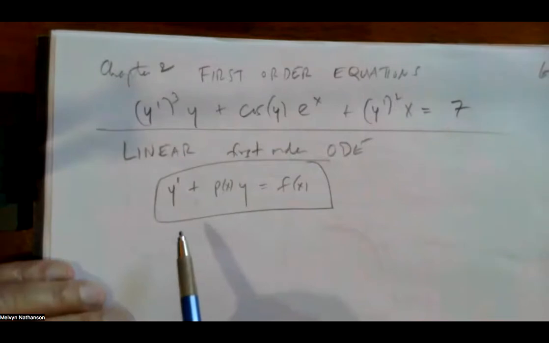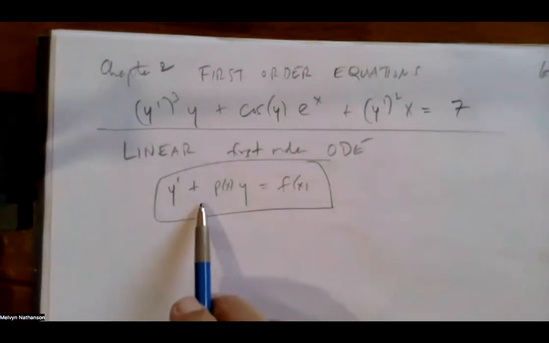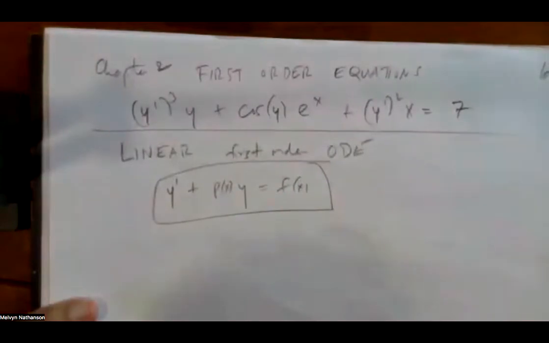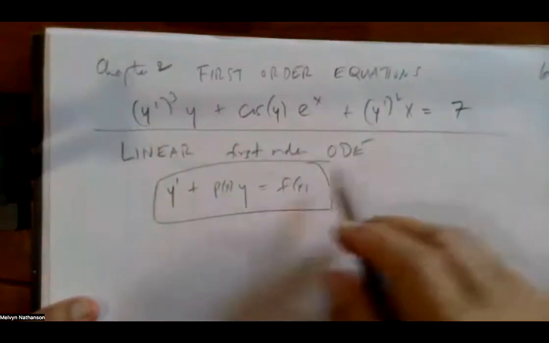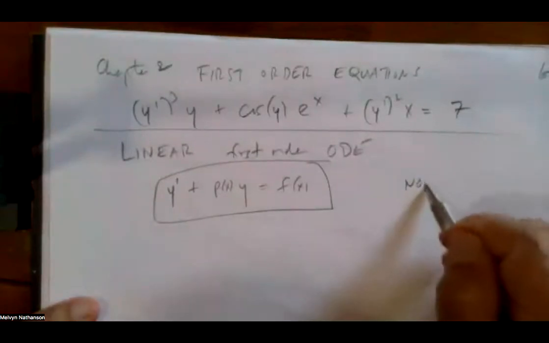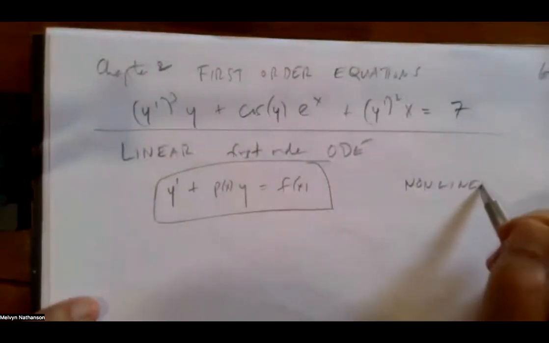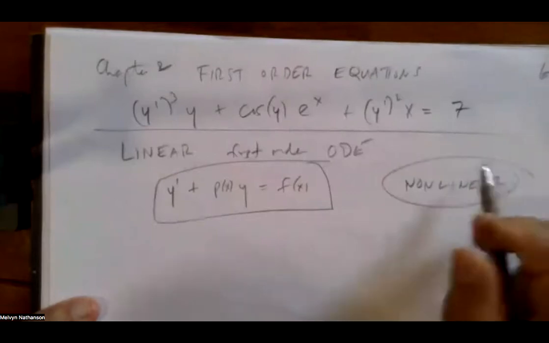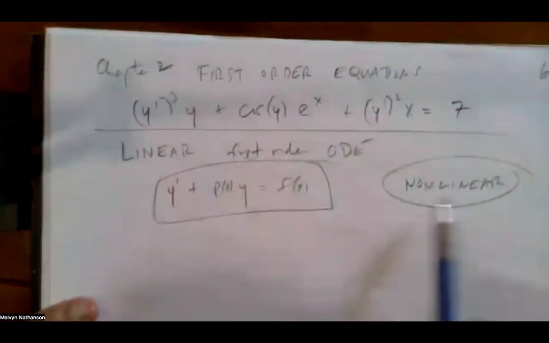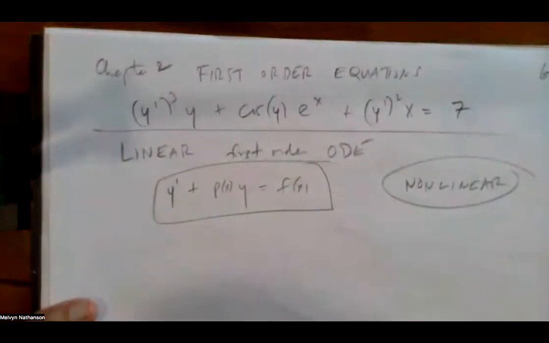And this is what a linear first order differential equation looks like. And any other equation which is not linear is called nonlinear. So it's one or the other. Your equation is either linear or it's nonlinear.